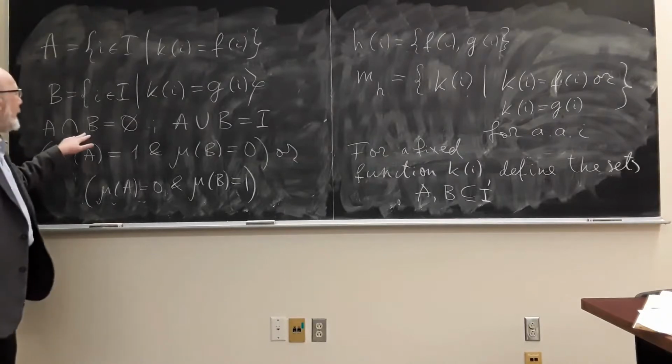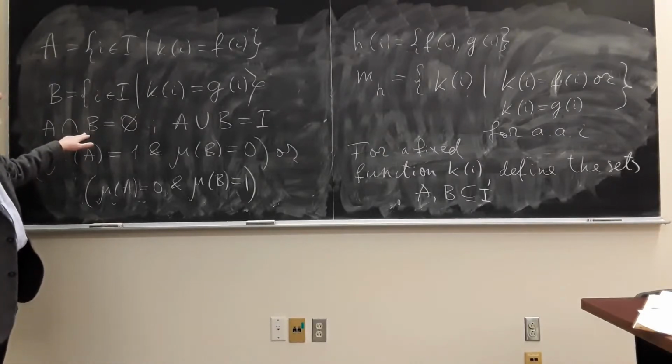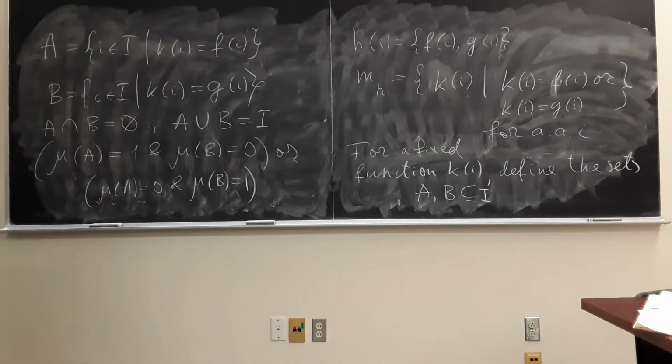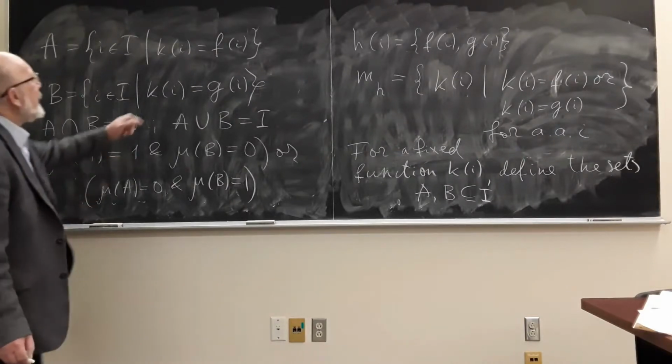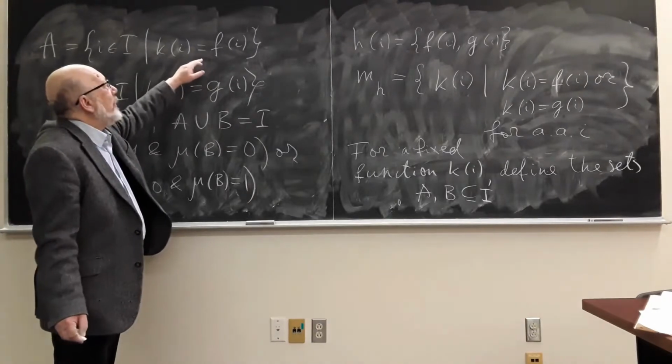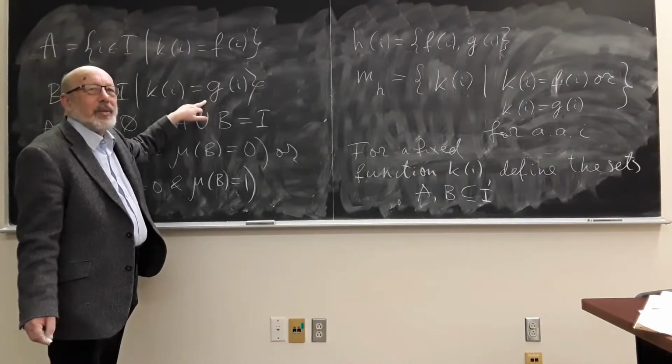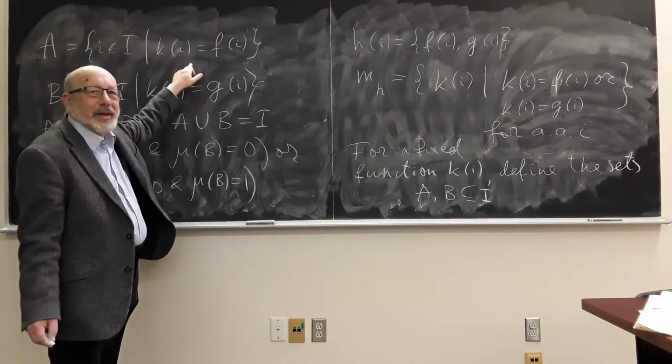Because we have a partition of I into two non-intersecting sets. Okay, if you don't like it, we can say that if somewhere F equals G, then we join this I to the set A.